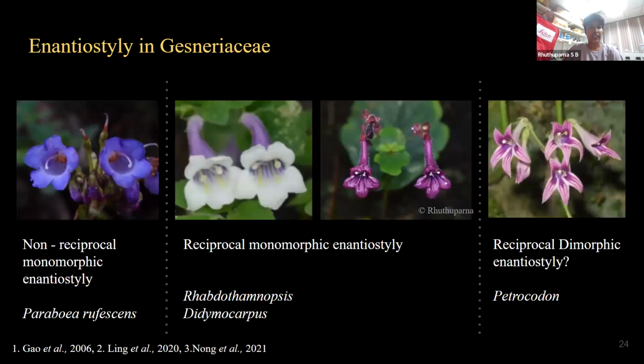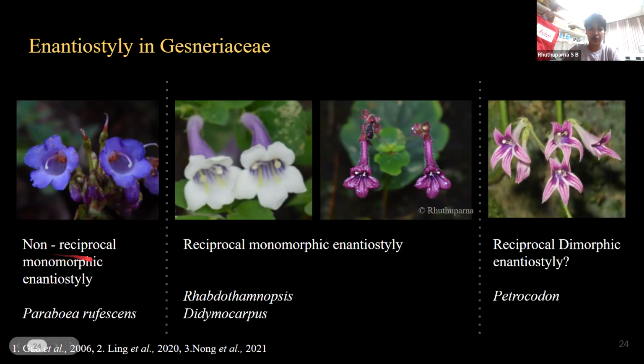So when it comes to enantiostyle in Gesneriaceae, we are expecting there are three main classes of enantiostyle present. As here you can see, this is Paraboea. This is a non-reciprocal monomorphic enantiostyle. Here the stigma alone is deflected from the main floral axis, and also the plant has both L and R morph on it.